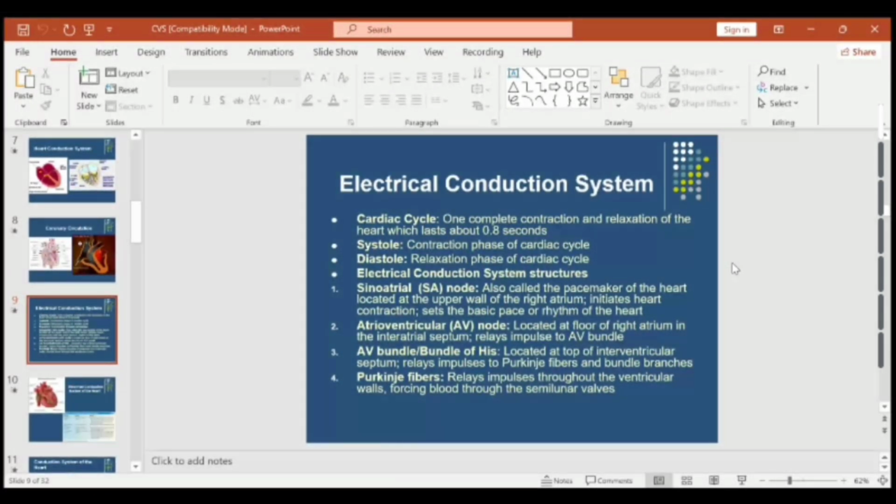That is where we have specific types of cells that are excitable. Later, toward the end of this week, we'll review another session on the contraction of muscles, and we'll see exactly how the SA node is able to generate an impulse. We'll handle that in that session. But for now, just know that the pacemaker part of the heart is the SA node.